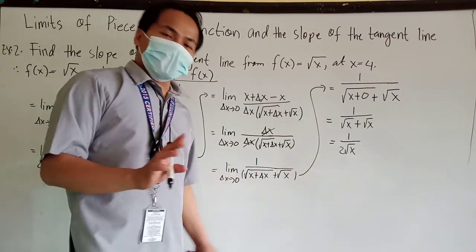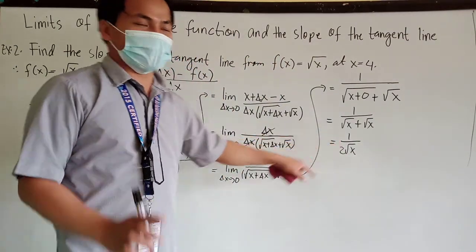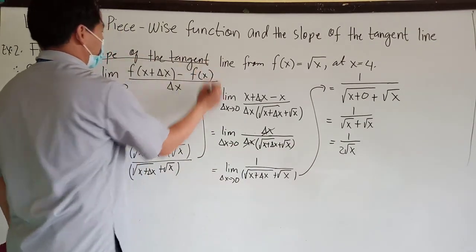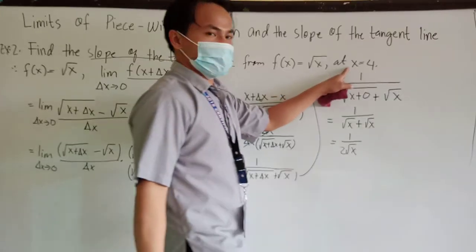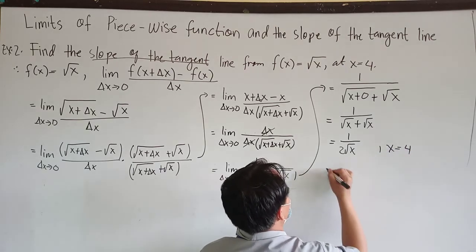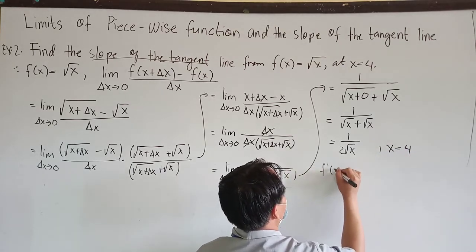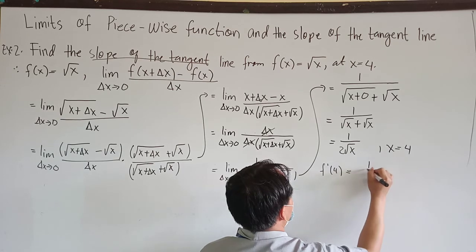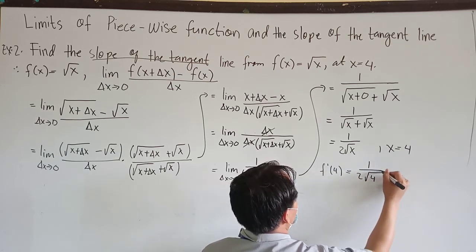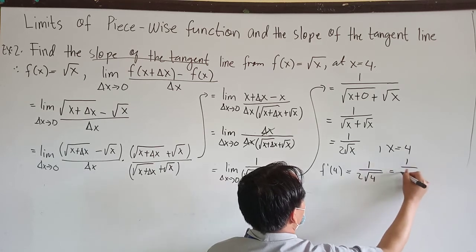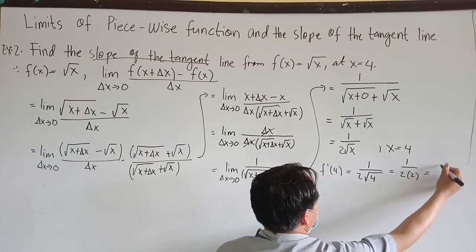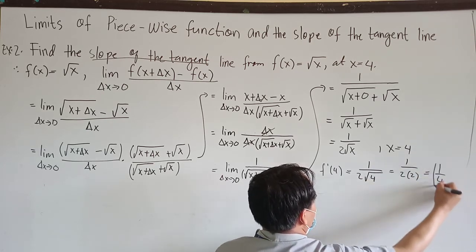We are not yet done because this is just the derivative. What we are going to find is the slope of the tangent line, provided that x is equal to 4. So if x is equal to 4, therefore f prime of 4 is equal to 1 over 2 times the square root of 4, and the square root of 4 is 2, so the answer is 1 over 4.